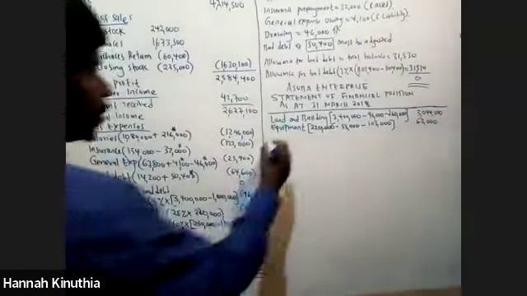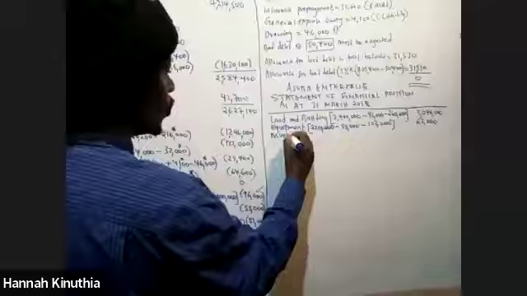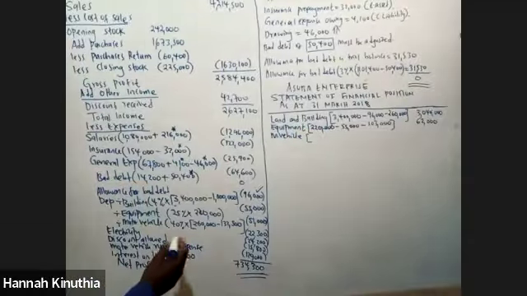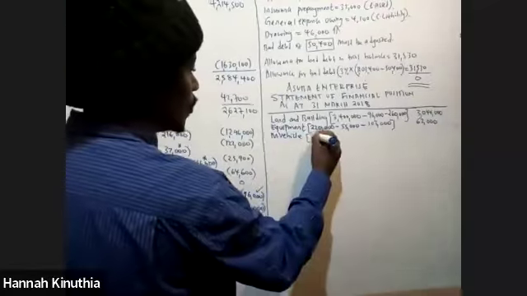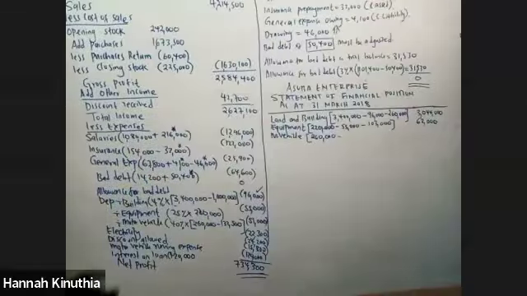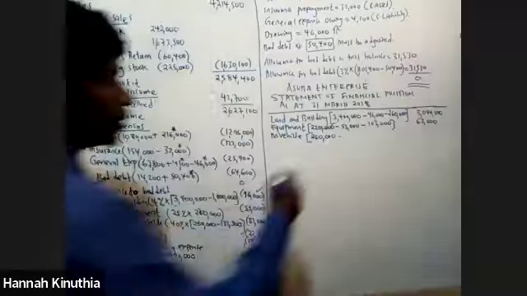We have motor vehicle. The cost for motor vehicle was 260,000. You are supposed to less depreciation for the year for motor vehicle, which was 51,000.